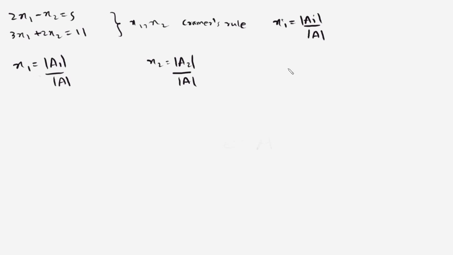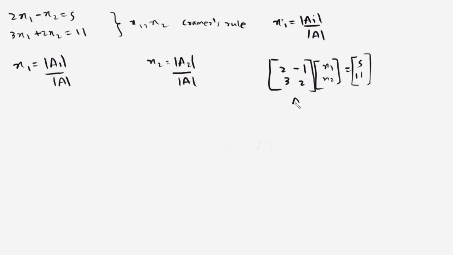So first, let's find the determinant of A. Before everything we have to write our coefficient matrix representation. So it will be 2, minus 1, 3, 2, the unknown list x1, x2, and the constant list 5, 11.